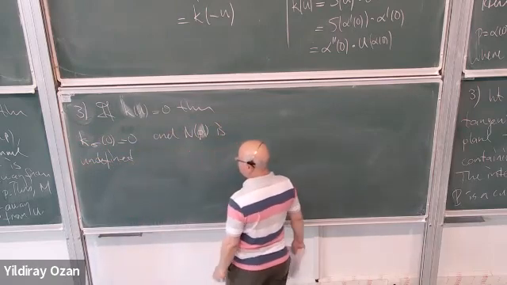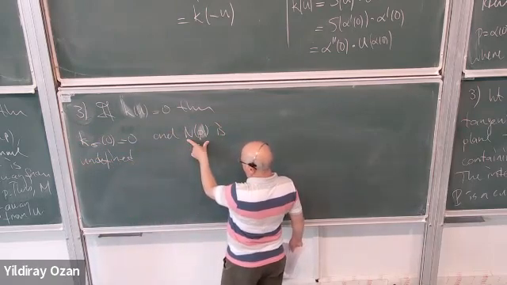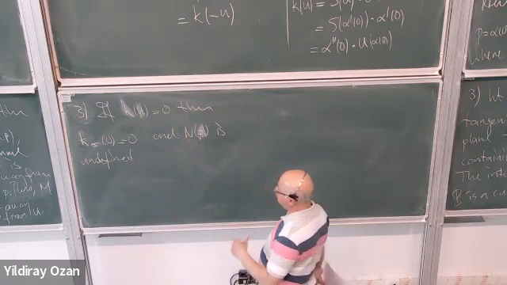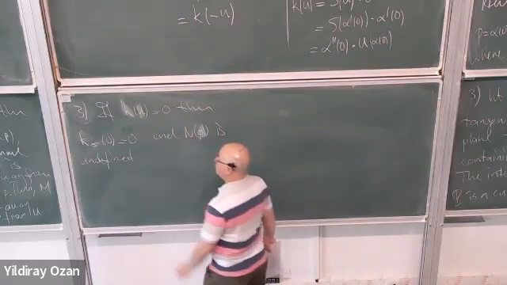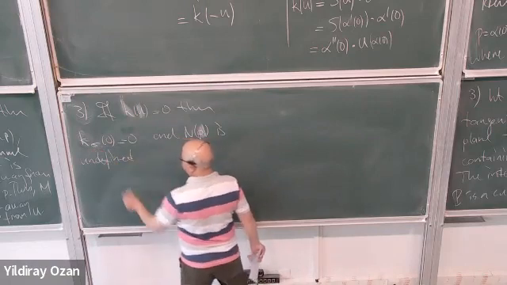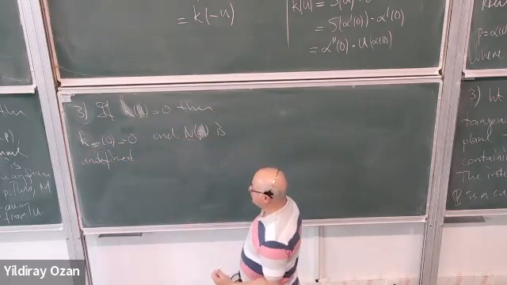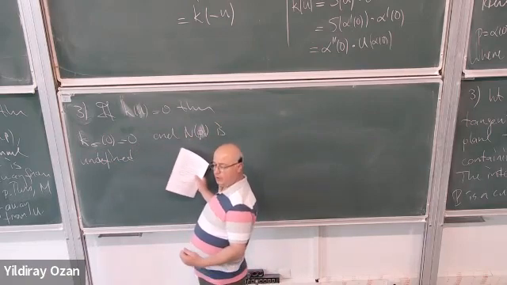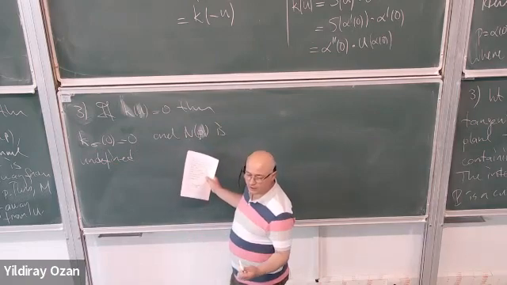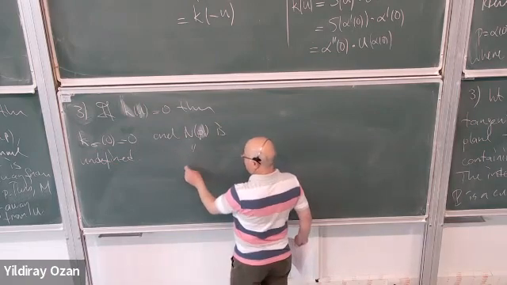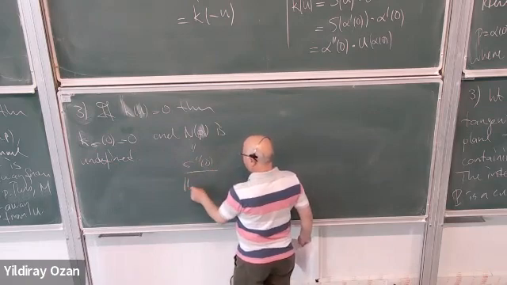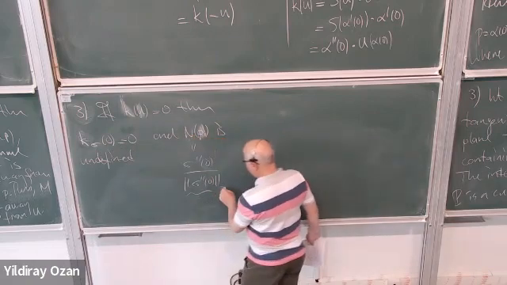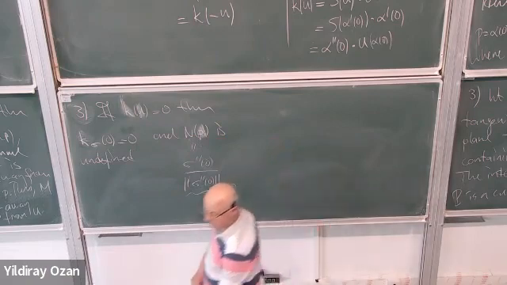Why is that? Because N_p is the unit normal vector in the direction of the acceleration vector of the curve sigma, but the second derivative being 0 means the acceleration vector is 0. Since the acceleration vector is 0, you don't have a normal vector, because the normal vector was the acceleration vector divided by its length. But this is 0, therefore N_p is undefined.